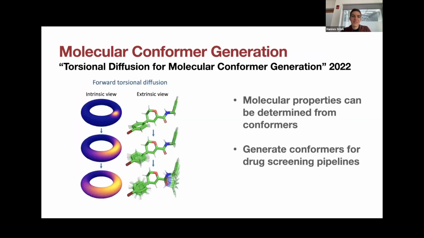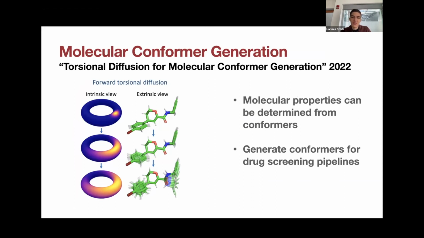Okay, but we can also talk about structure generation for small molecules. Why do we want to generate the structure of small molecules? Of course, it's also very important, just like the structure prediction for big proteins.